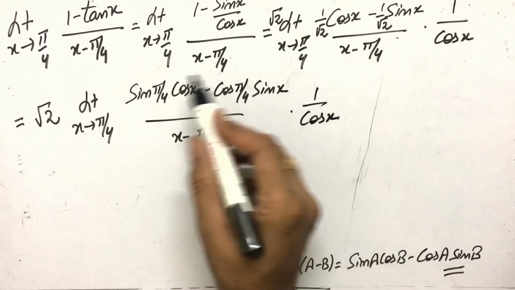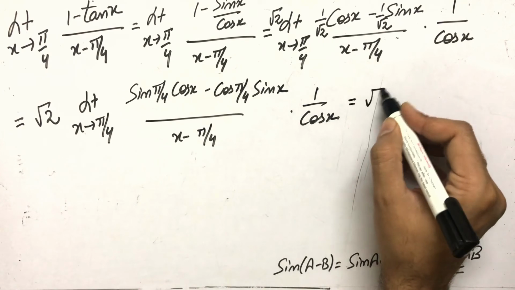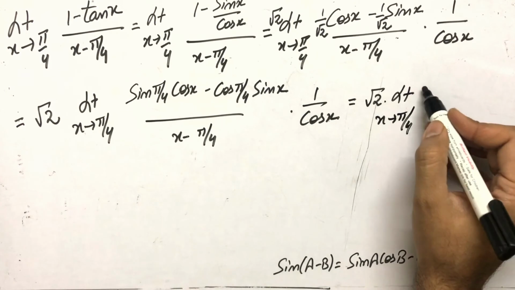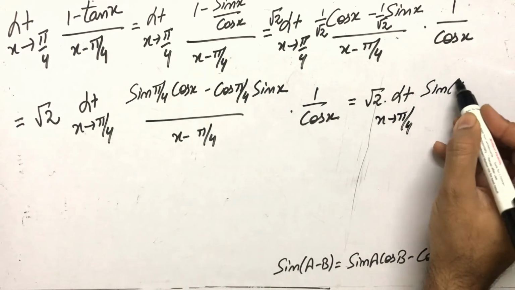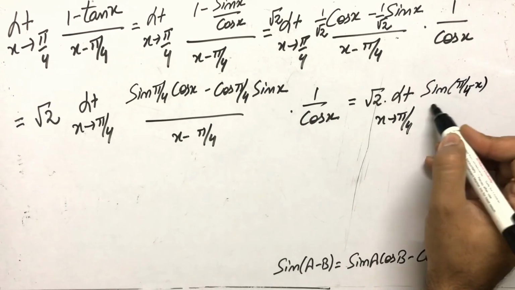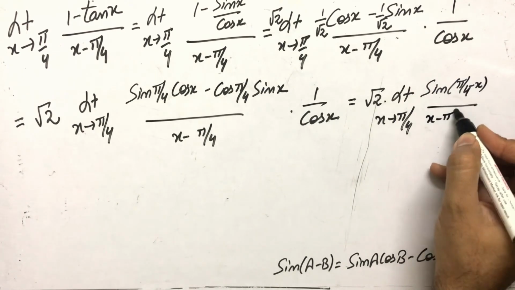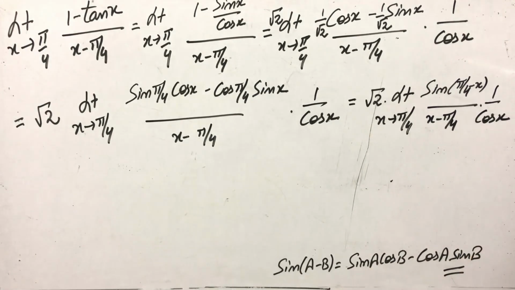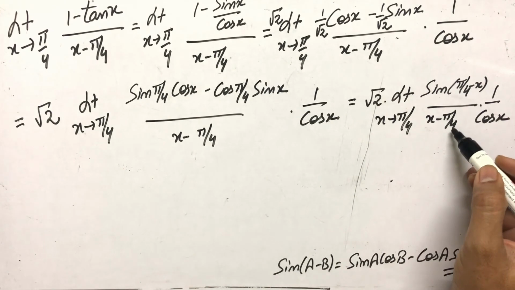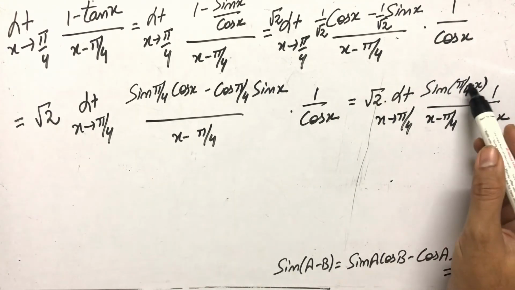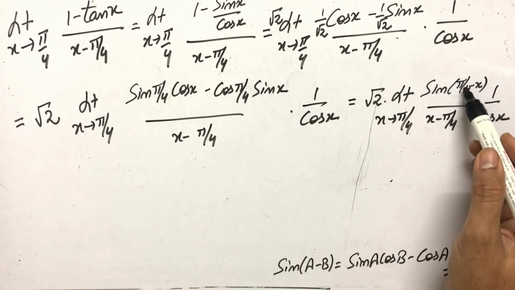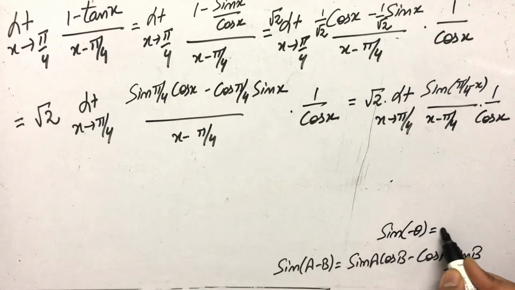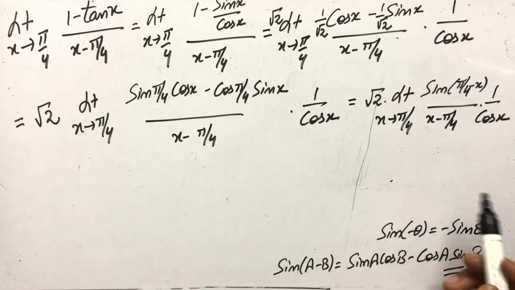So very easily this may be written as under root 2 into limit x tends to pi by 4 sine pi by 4 minus x divided by x minus pi by 4 into 1 by cos x. So as you see, we have x minus pi by 4 and sine is an odd function. We can change the sign here, and we know sine of minus theta is minus sine theta. So minus will be written outside.